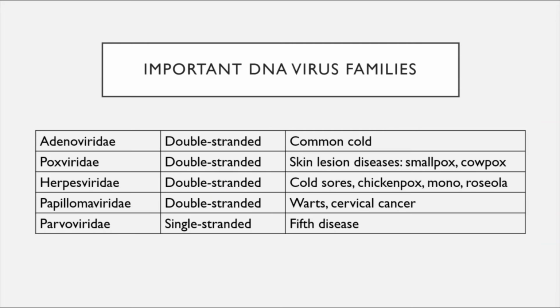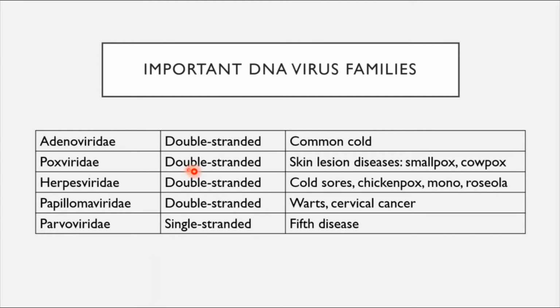So, there are a variety of different DNA virus families that categorize different groups of viruses based upon their relatedness. Typically, these groups of viruses are not only genetically related, but they cause similar diseases. So Adenoviridae is a family of double-stranded DNA virus that causes respiratory infections such as the common cold.